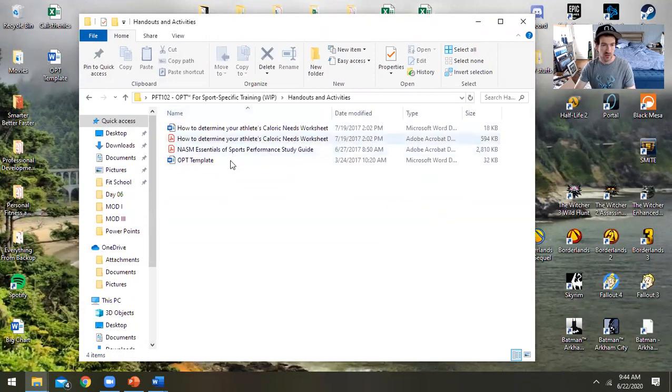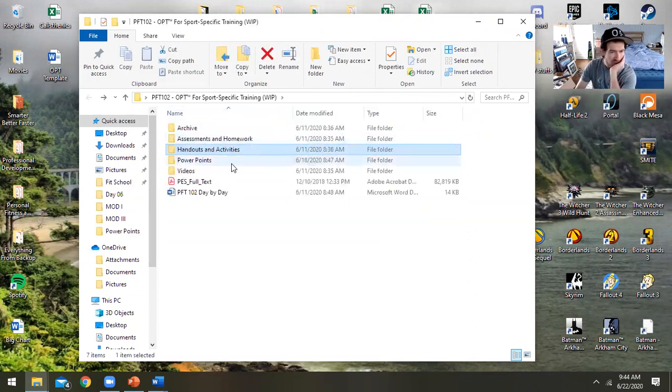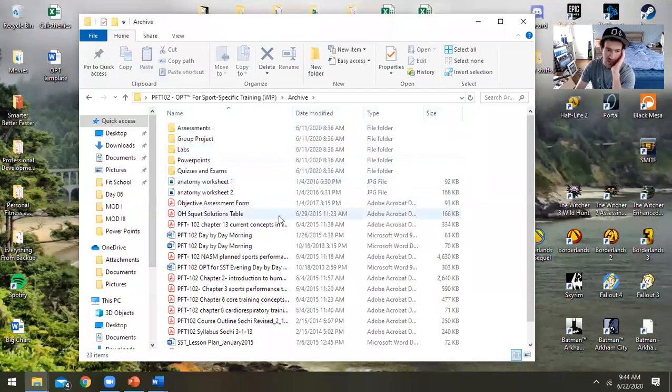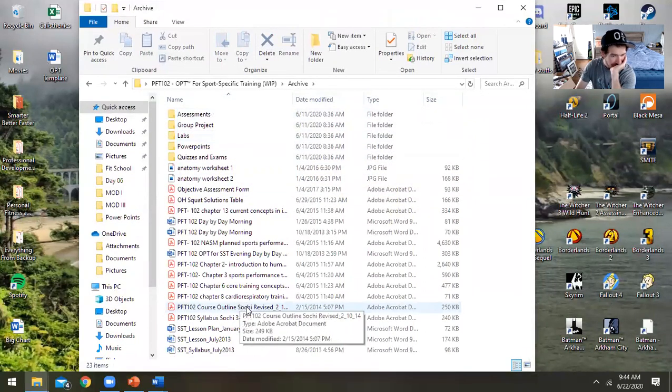Handouts. Oh, that's not it. Hold on just a second. I gotta find it, it's probably in the archive. Oh God, the archive is so disorganized. I always have trouble when I go on these.